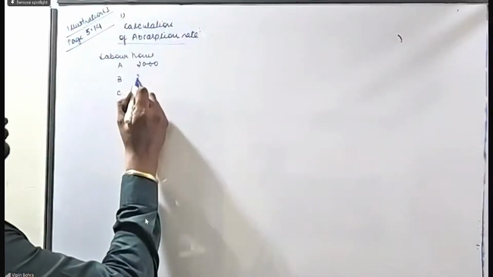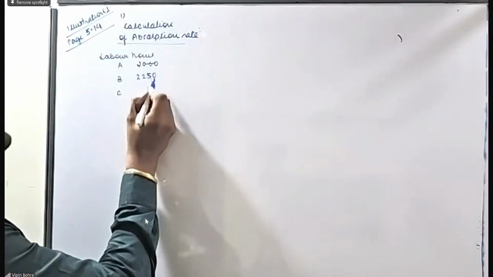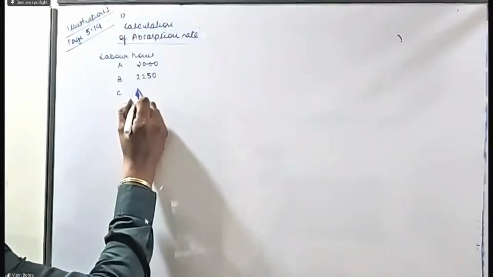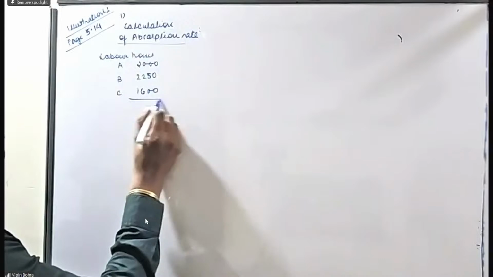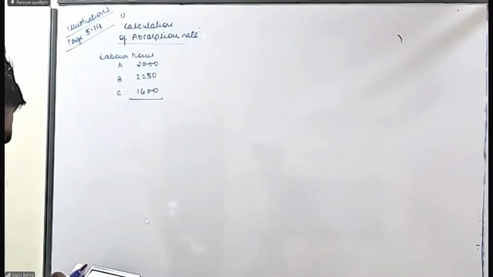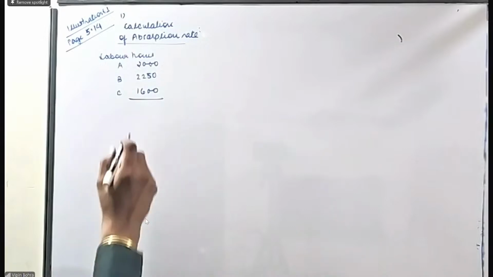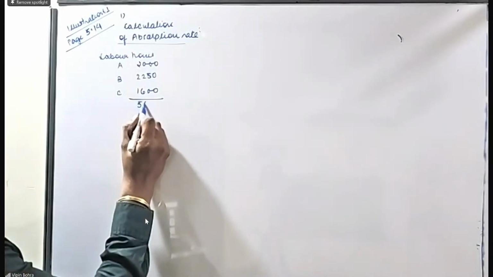So B, it will be 2250 hours. And for C, it will be 1600 hours. Total 5850 hours.